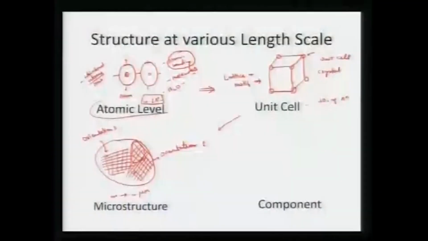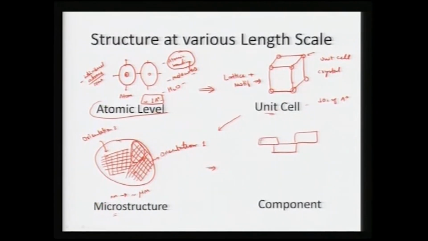So, we can see here from the atomic level we have now gone to the unit cell level, and from the unit cell level we have come to the microstructure. Now, this microstructure can be developed via certain patterns and then we can develop a certain component which we require for engineering application.